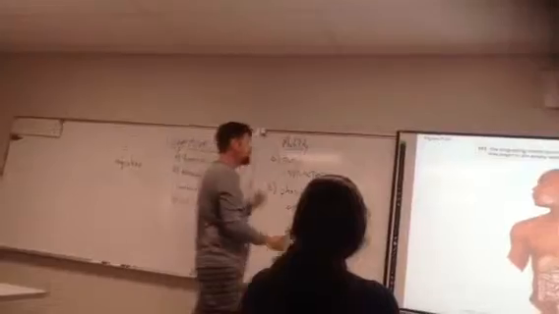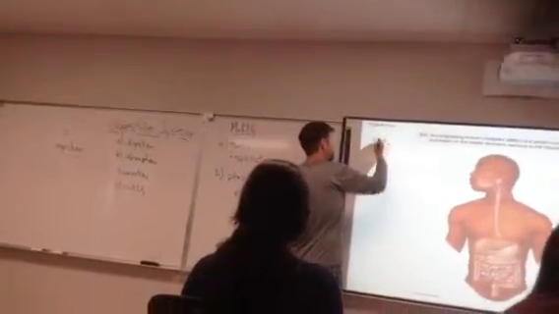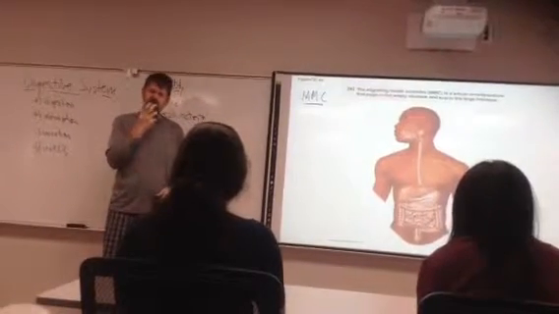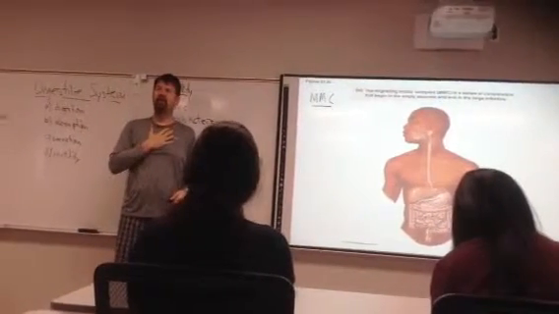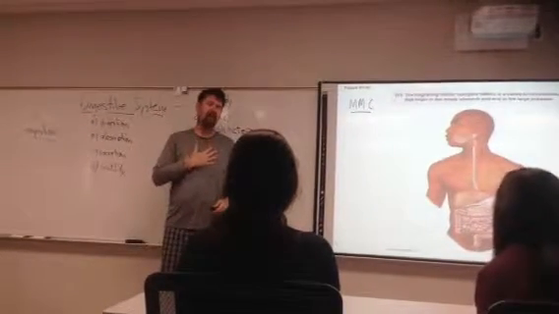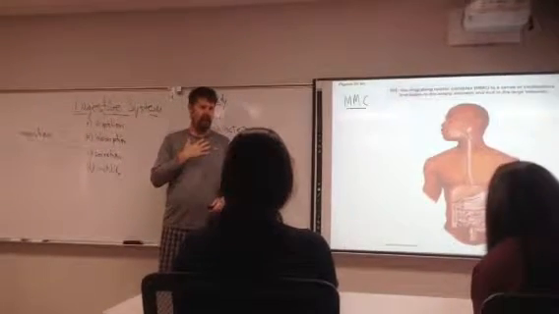And it's called the migrating motor complex. And it's basically there to keep the digestive tract clean. So let's say in between meals, let's say I haven't eaten in a while.